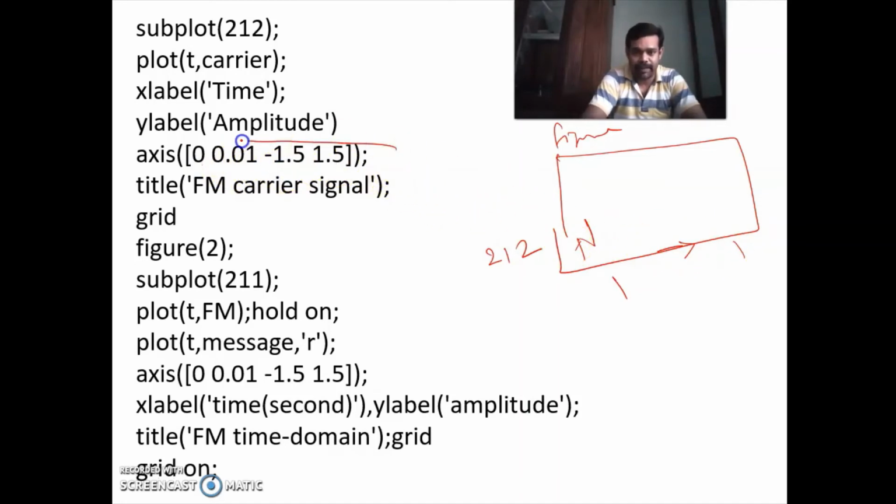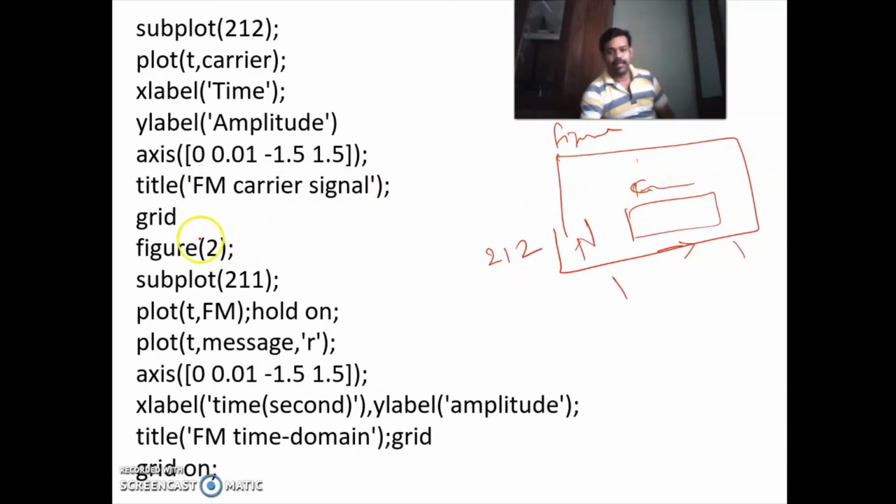The use of axis is that we can define the values of the x-axis. Then you give the title FM carrier signal, and make the grid. In this graph also you get a grid.